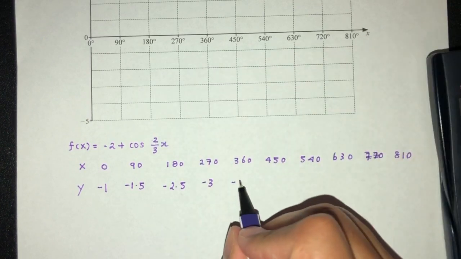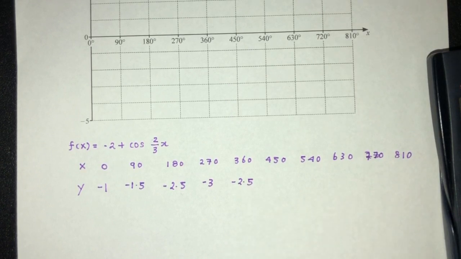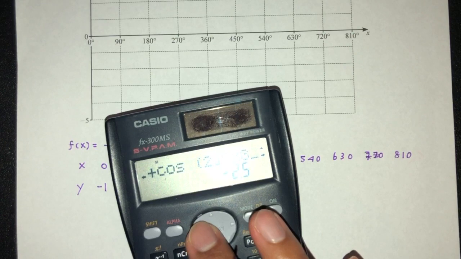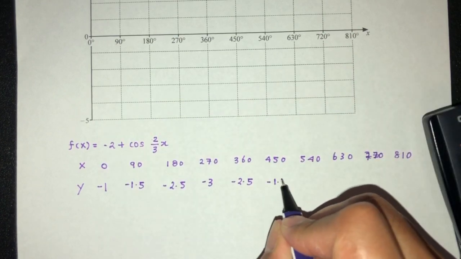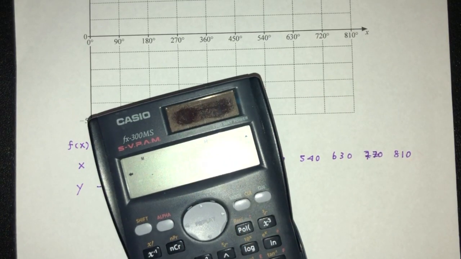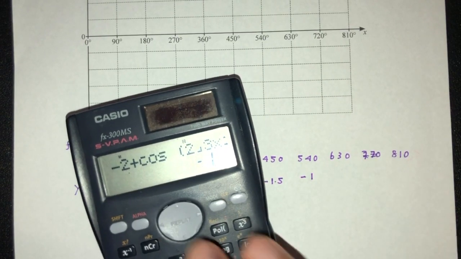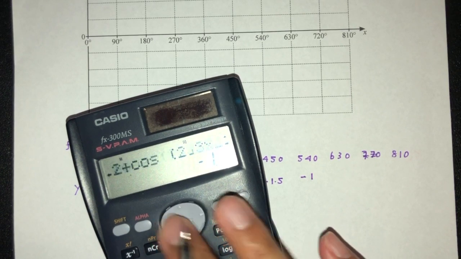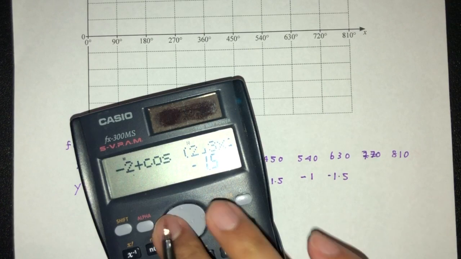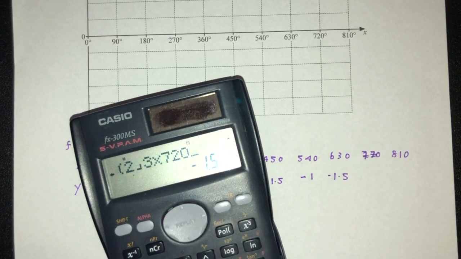That'll be minus 2.5. As you can see, the curve are kind of cyclic. It goes up and down, right? And then here we have 450, minus 1.5. I guess we can guess what's going to happen next, but let's go all the way. Why not? That'll be minus 1. And 630, minus 1.5, and 720.